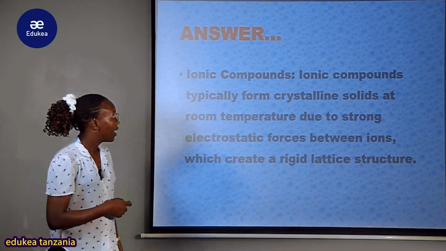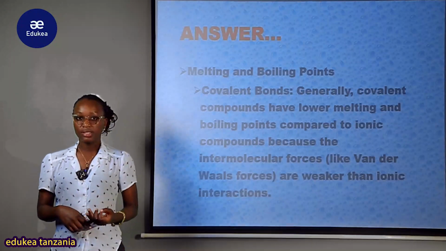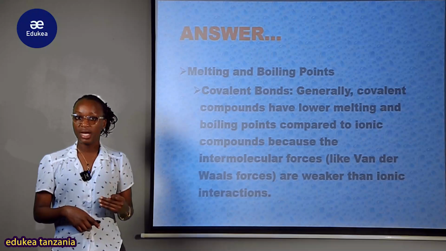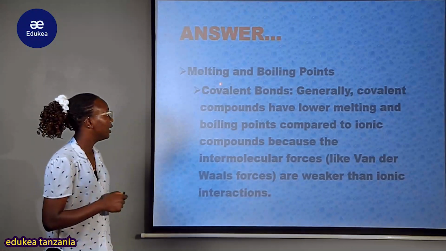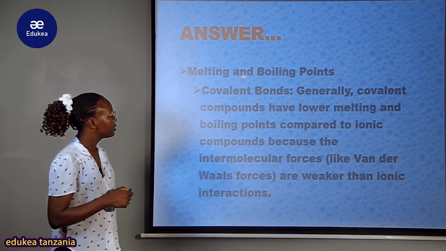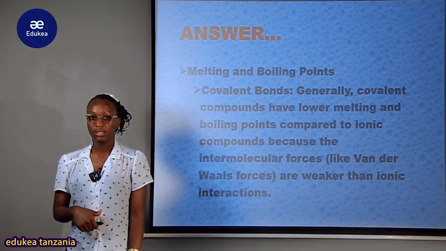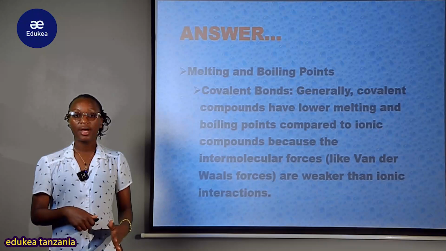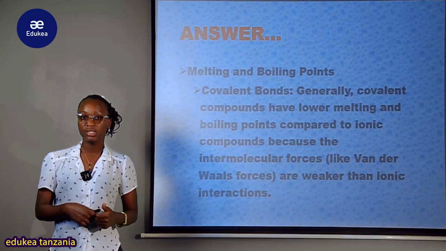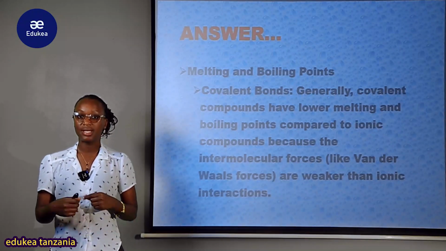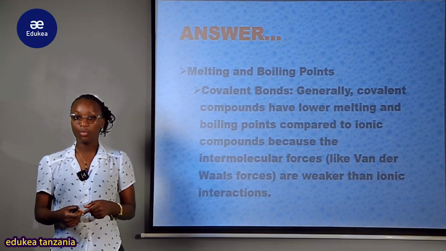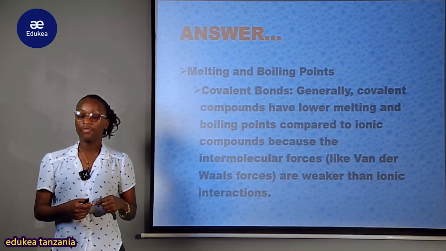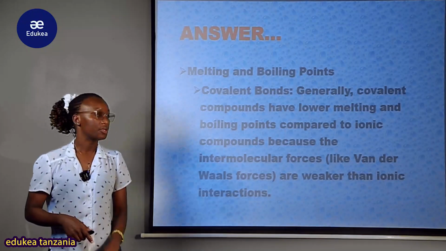Okay, another point or the fourth point, remember tunatakiwa tuzungumzie pointi 6. Tumeshazungumzia pointi 3, sasa hii ni pointi ya 4. Pointi ya 4 ni melting and boiling points. We have to talk about melting and boiling point in terms of covalent compound, but at the same time we have to talk about melting and boiling point of the ionic compound.